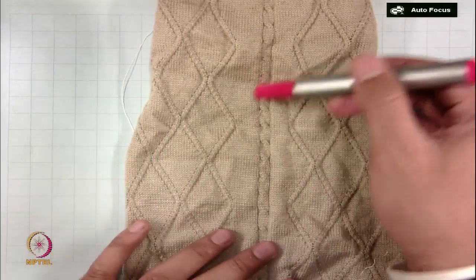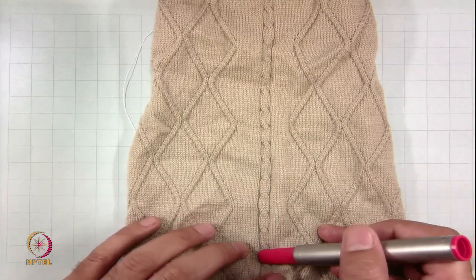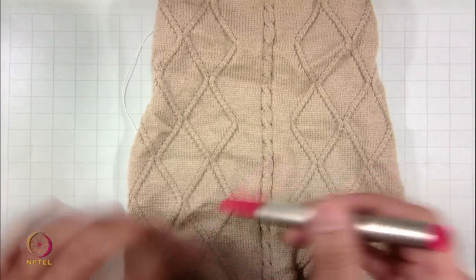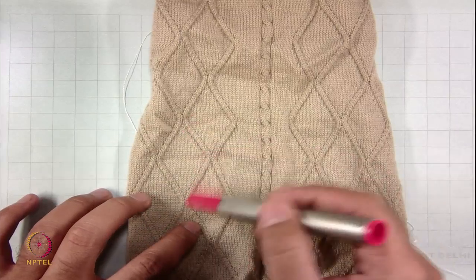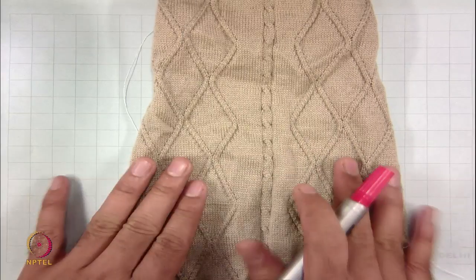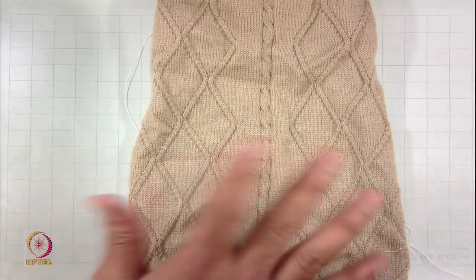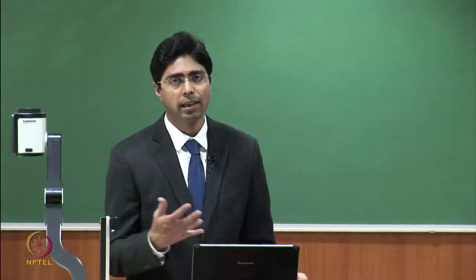So, this one, the center one, we call in casual terms a cable, and this design where the cable is changing the path is called Aran design. So, this is very popular, and any type of such designs can be possible. So, let us see on the machine what exactly happens to create these types of patterns.